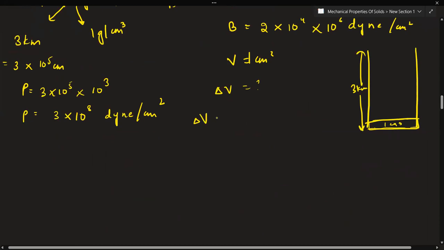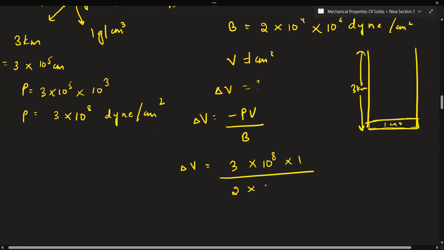V is 1 centimeter cube. So delta V would be 3 into 10 to the power 8 multiplied by 1 divided by 2 into 10 to the power 10. This would be approximately 3 by 2, so delta V would be 0.15 centimeter cube. Is it clear how we got the change in volume?